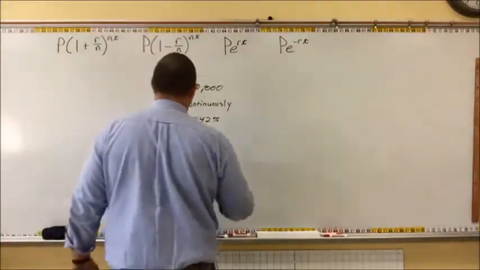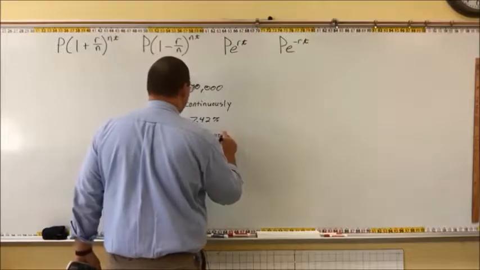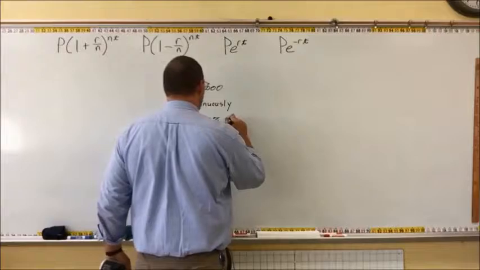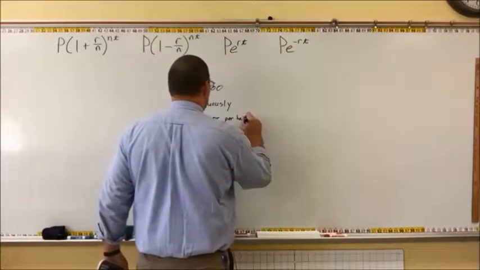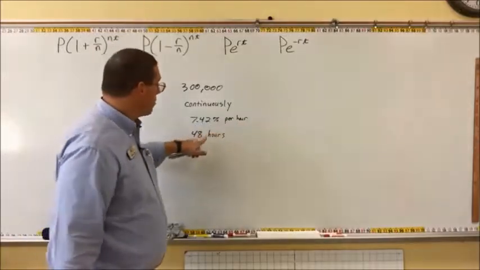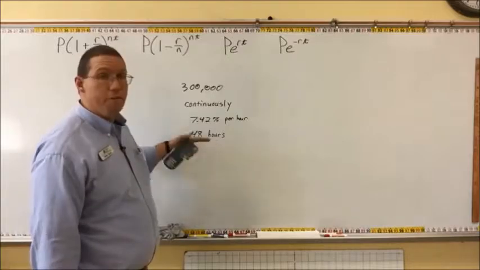We want to know how many there are going to be after 48 hours. How many will there be after 48 hours? Remember, this is 7.42% per hour. Okay, so that means that the time variable is hours. And since we're asking about 48 hours, we're going to put 48 in for time.